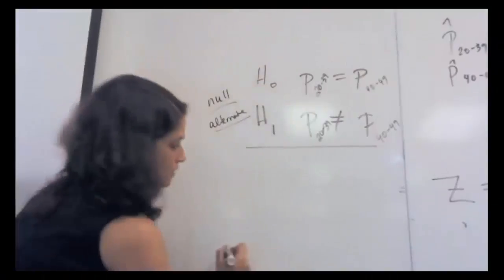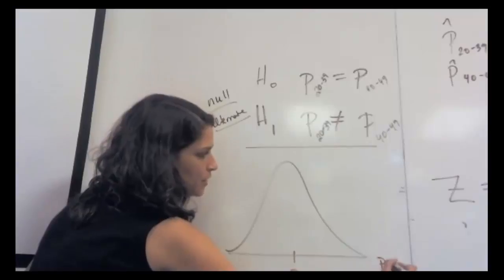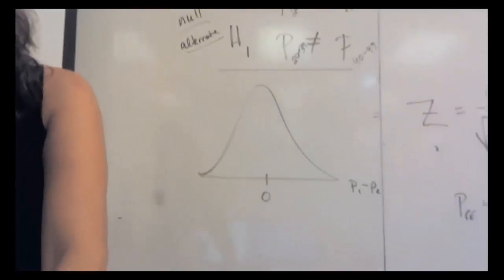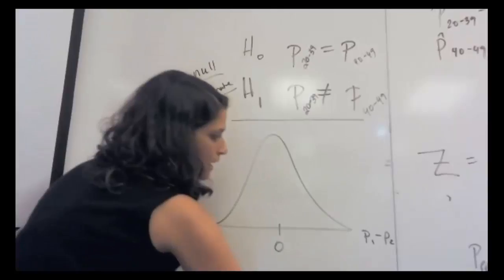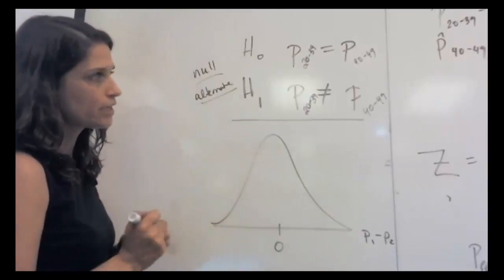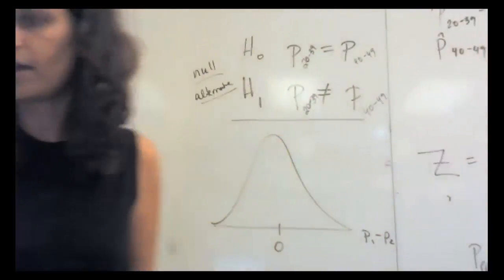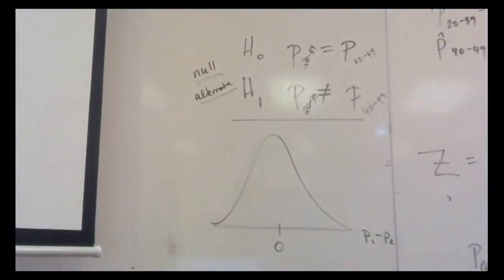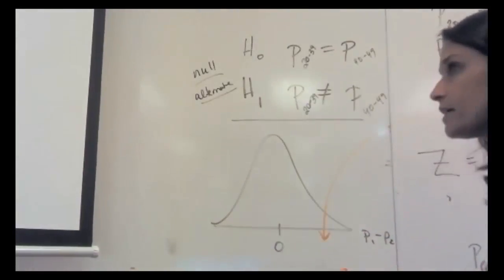Okay, so coming back to my critical value and my normal curve here, I imagine that p1 minus p2 has a 0 difference, because that's what the null is. There is no difference. But what I actually got was a 17% difference. I don't know where that is yet, but I have Z is 3.27, and that was my test statistic.